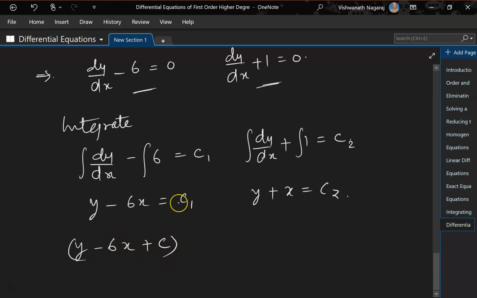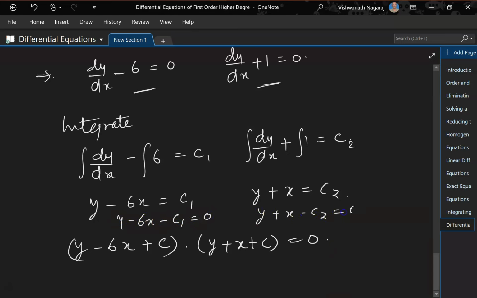Now you might be wondering, if I bring c1 to this side, it should become minus. But remember, we are substituting c1, c2 with c. Okay, c might be equal to a negative number. Now y plus x plus c is equal to 0. Remember here, y minus 6x minus c1 equal to 0, y plus x minus c2 equal to 0.